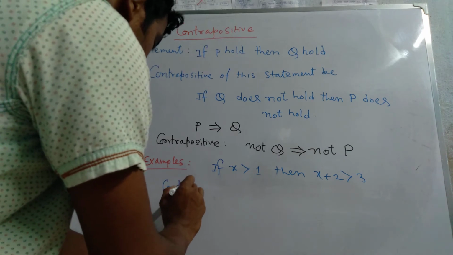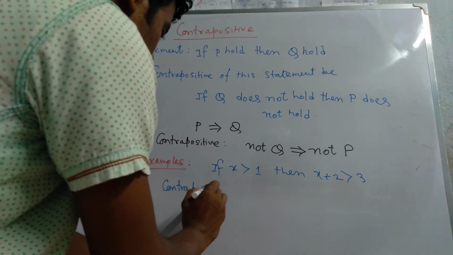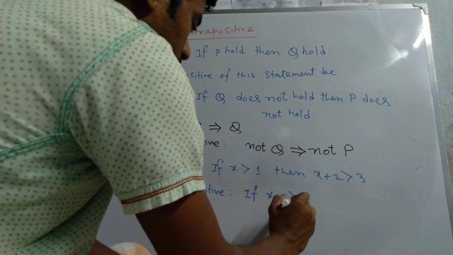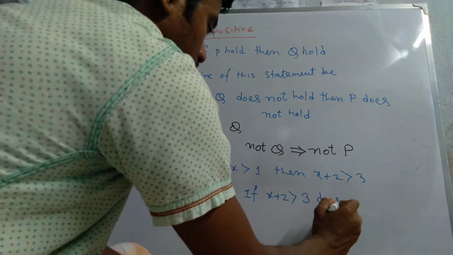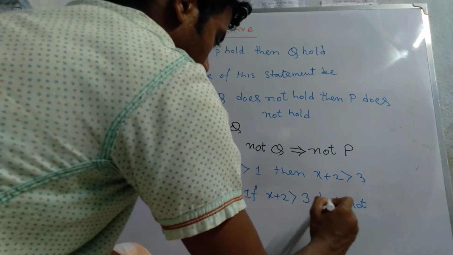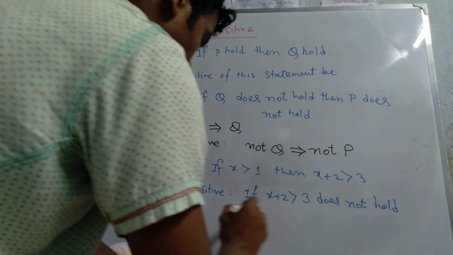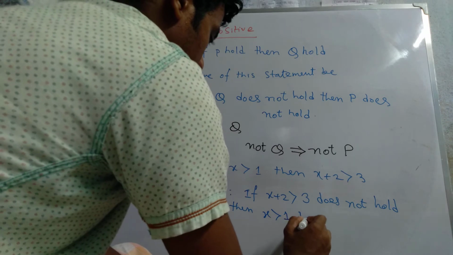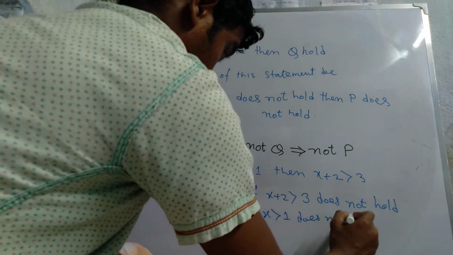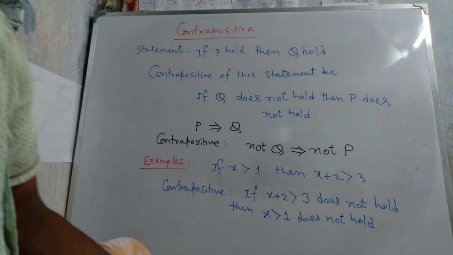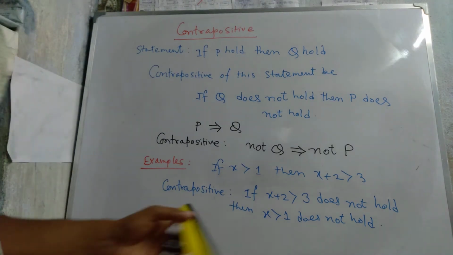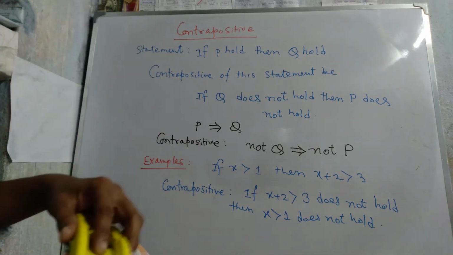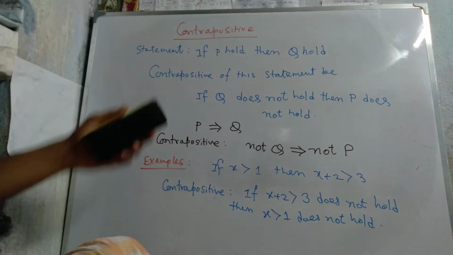The contrapositive of this is: if x plus 2 greater than 3 does not hold, then x greater than 1 does not hold. Okay, so we construct this and we use the contrapositive further. So we know this contrapositive.